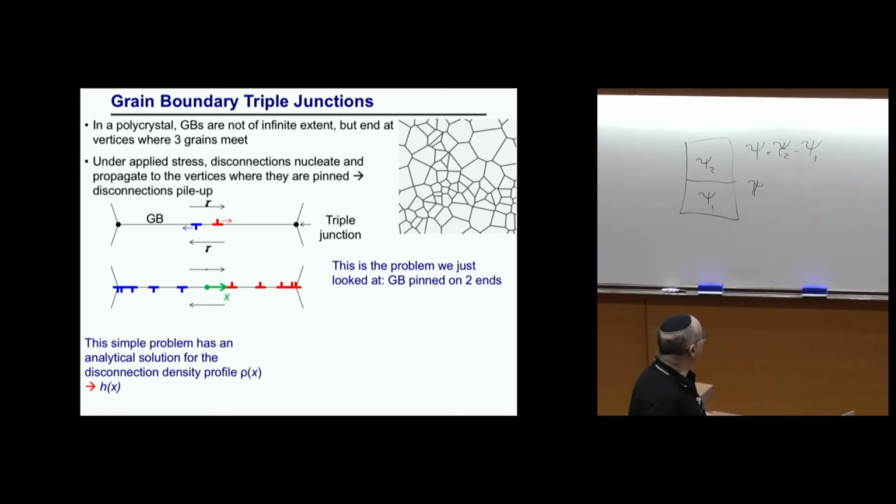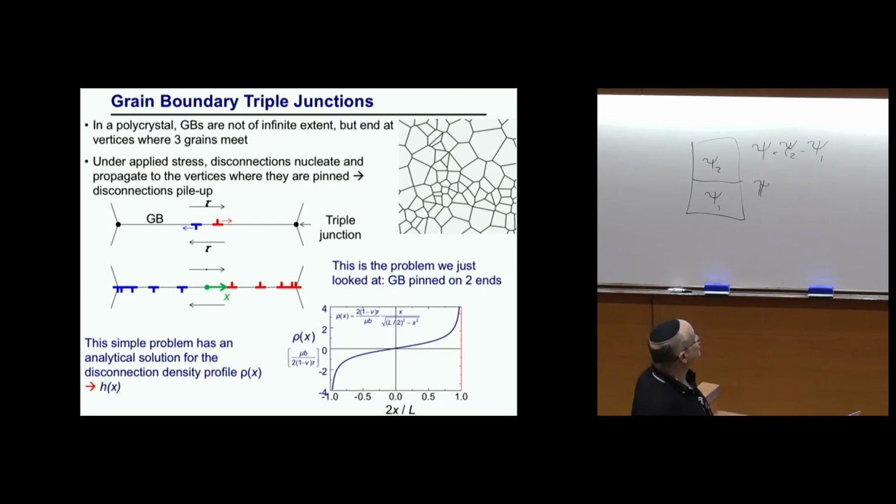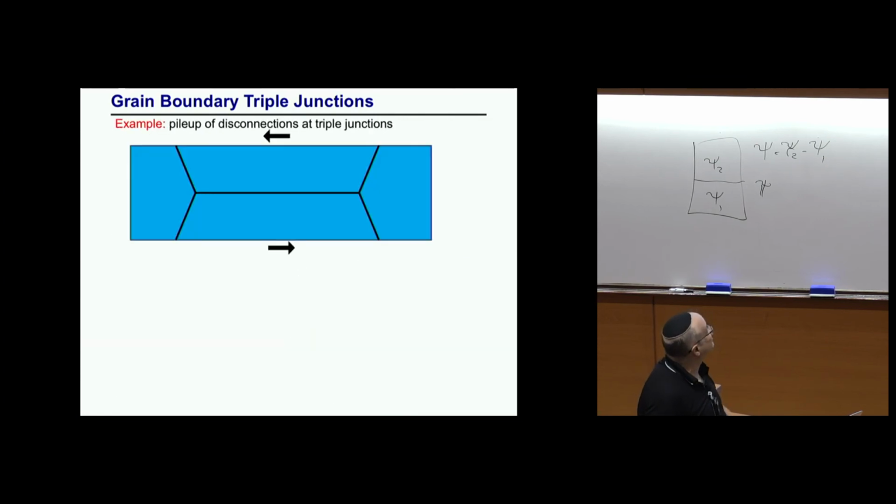And so if I know the distribution of disconnections, I know the shape. I can actually solve it analytically. It's a classic dislocation theory problem. Now if I put in the Burgers vector, the step heights and the relationship between them, that's the equation here. That's the shape that I should get.